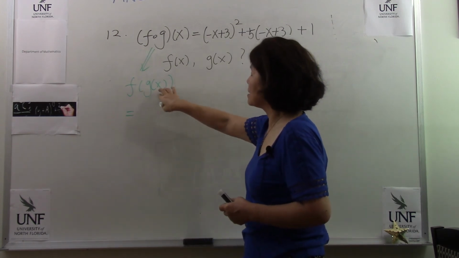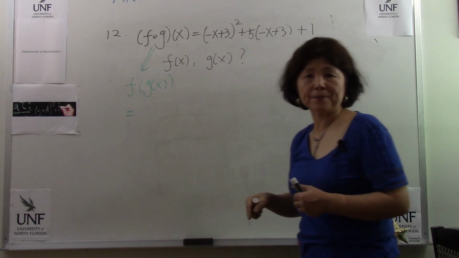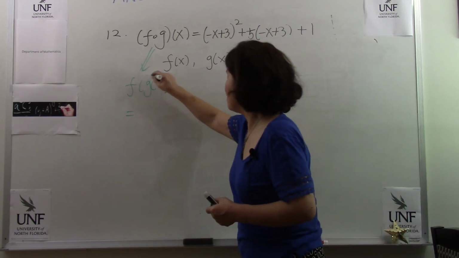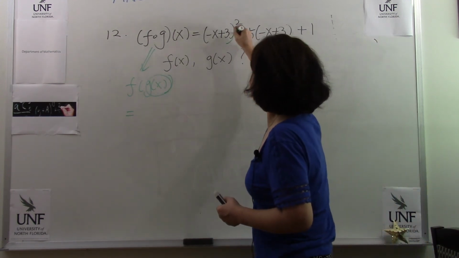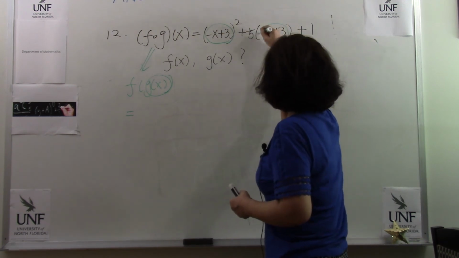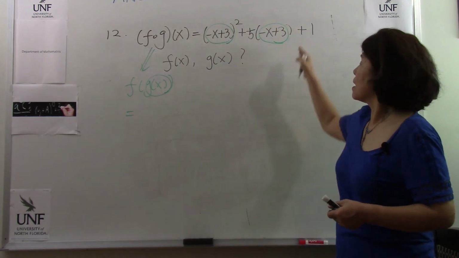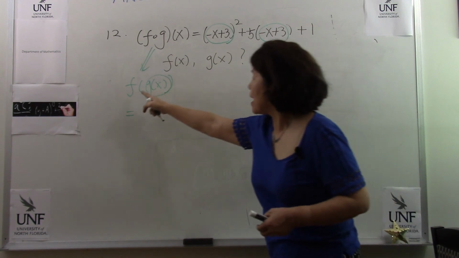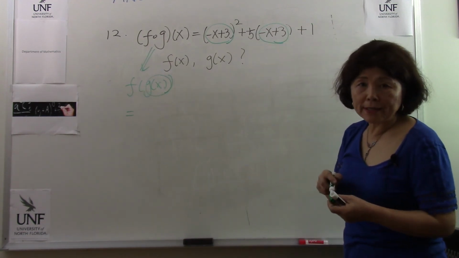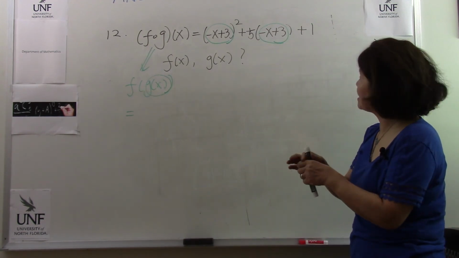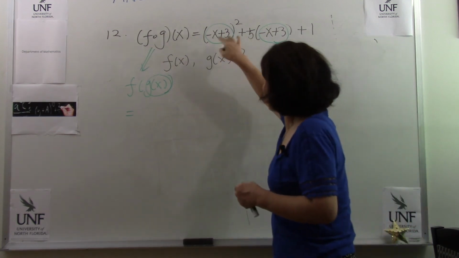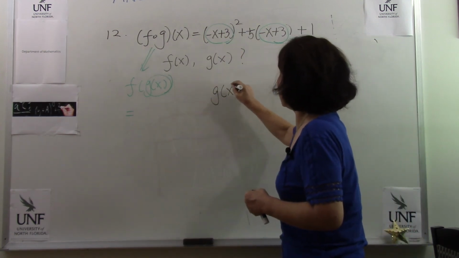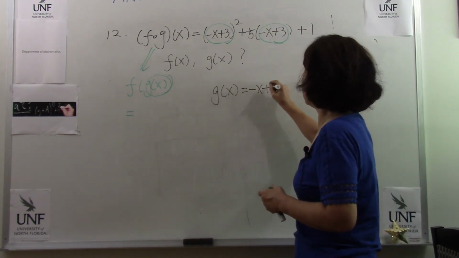So g of x goes inside of f. So what is g of x? Well, I believe this is g of x, which goes into the primary function f of x. So g of x is negative x plus 3.